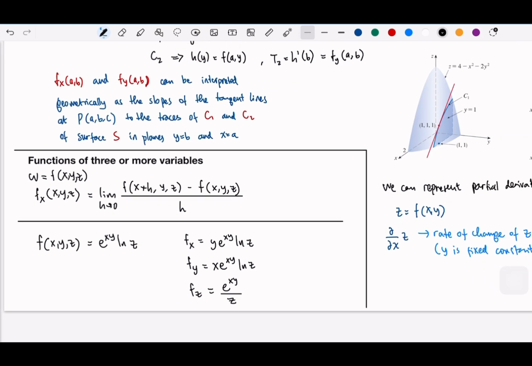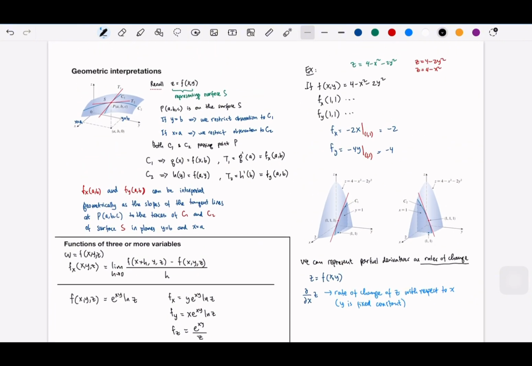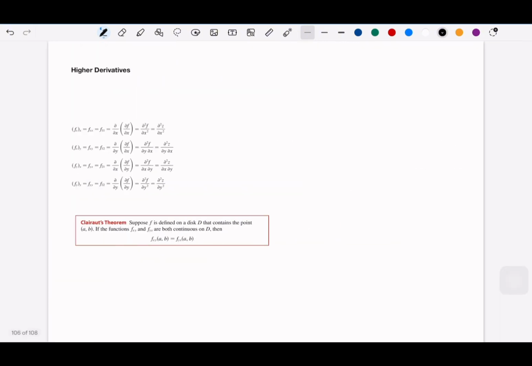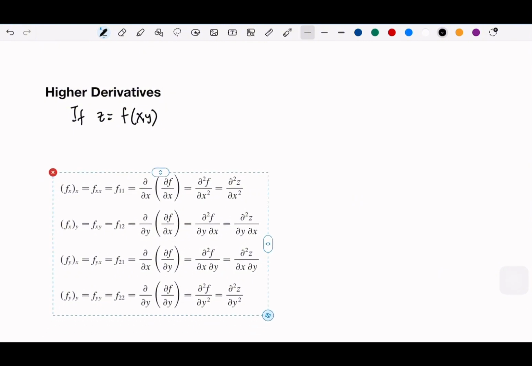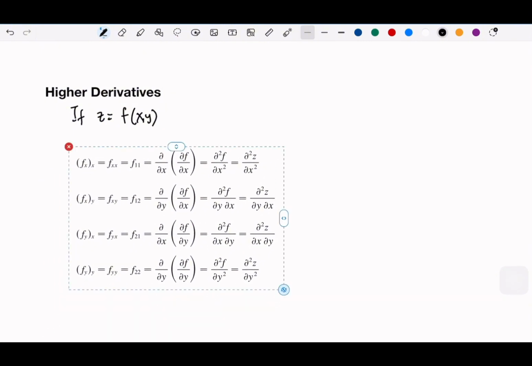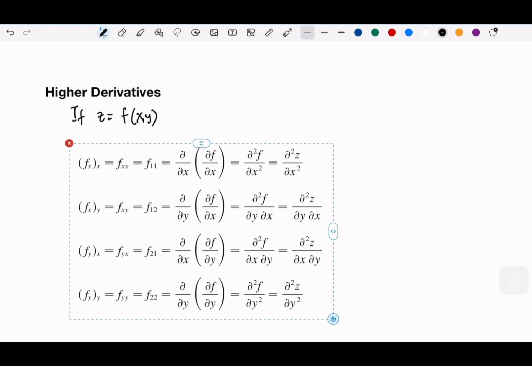Okay, I hope everyone finished these notes here. So we call this the higher derivatives. If z is a function of two variables x, y, so we start with two variables. Now, how do we write our higher derivatives?